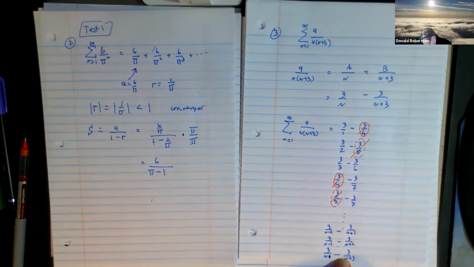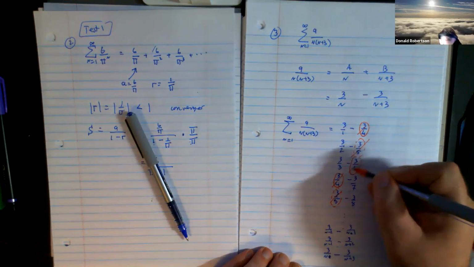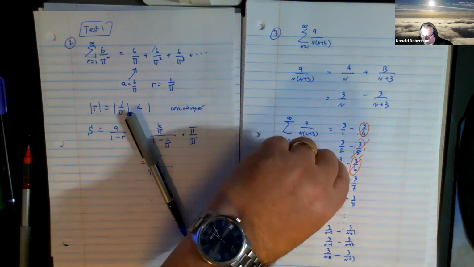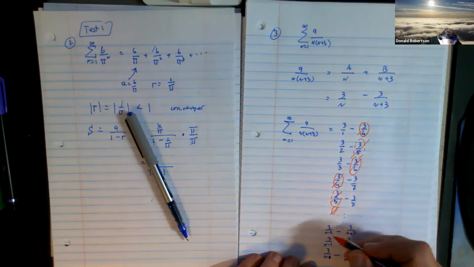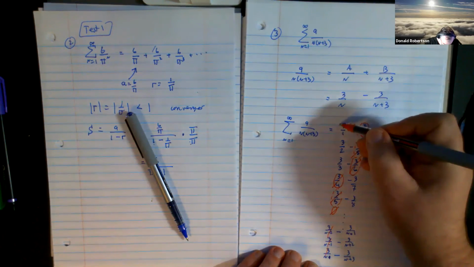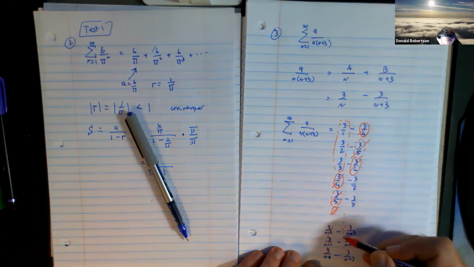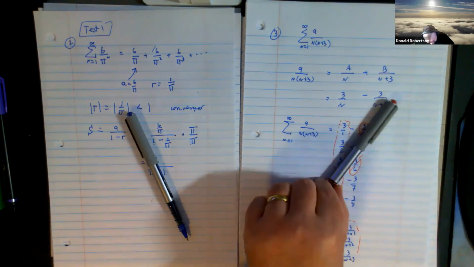The reason I'm picking 3 of these is that I know there are 3 terms left alive at the beginning. That tells me these 3 will be left at the end. There's a kind of balance: if 3 are on this side, then 3 will be left on this side, because they're all going to cancel in this direction.